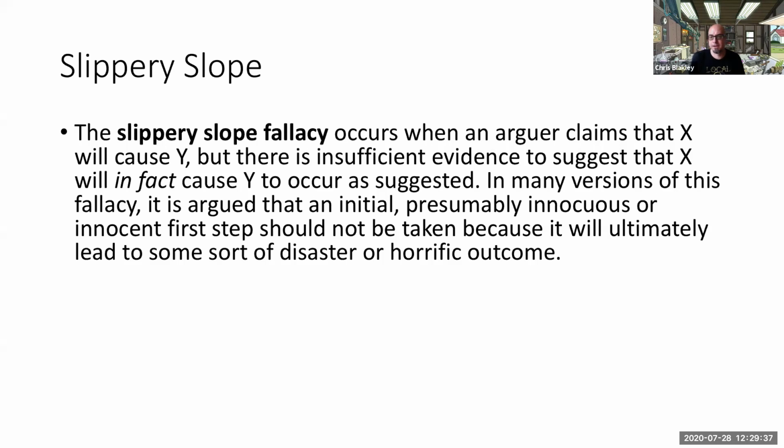But where there's not enough evidence to suggest, even as a matter of probability or necessity, that X will in fact initiate that long causal chain of events that will lead down to Y. So many versions of this fallacy occur when it's argued that we shouldn't take some initial, presumably innocuous step because doing so will lead all the way down to disaster. Since it will lead to disaster, we can't take that initial step.